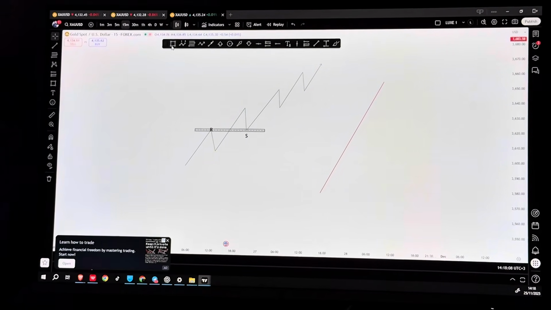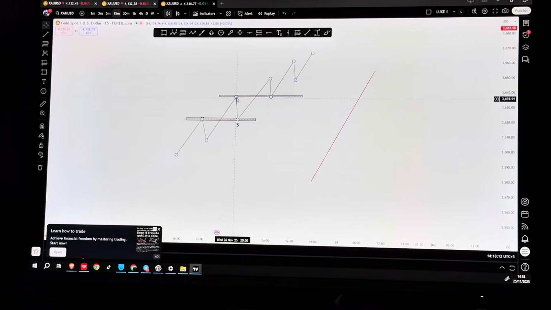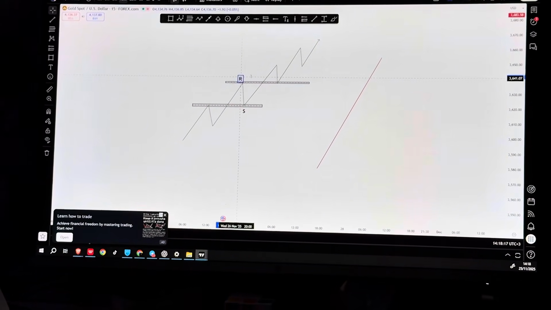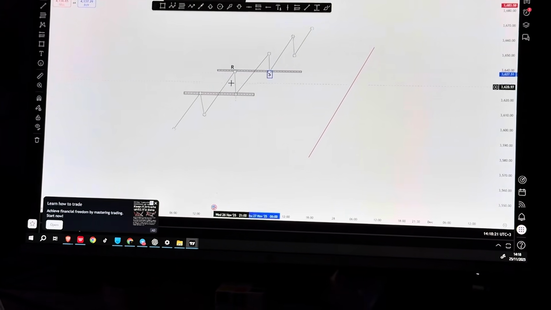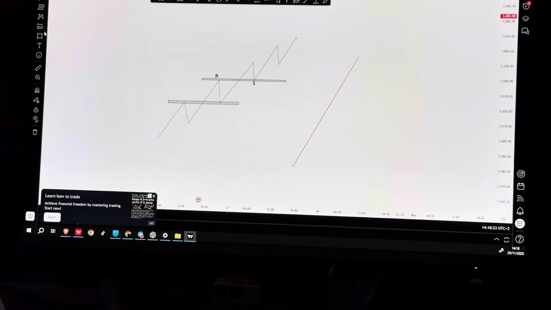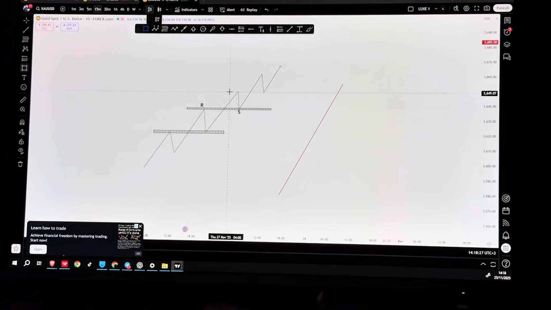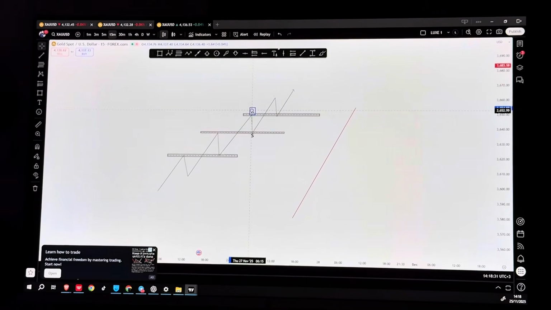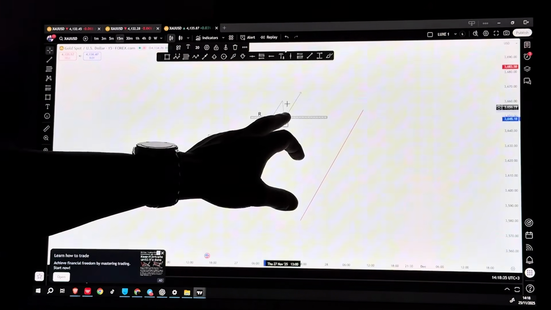The same thing here: there was a break of your resistance, then it did a retest. Another example is here. Your market broke your resistance, did a retest.